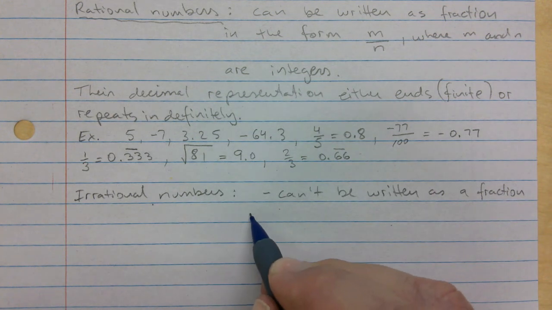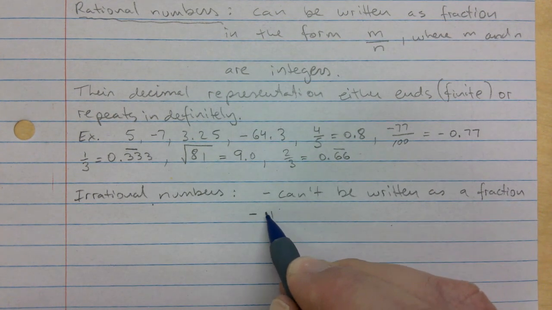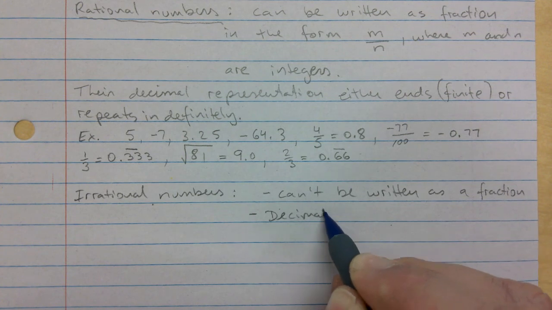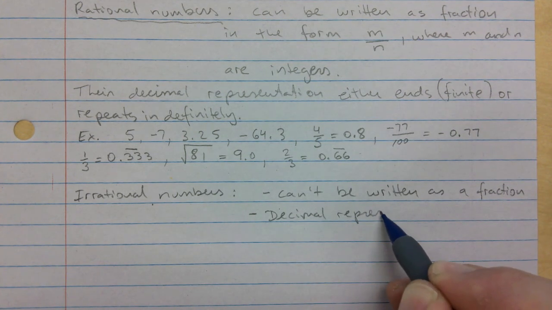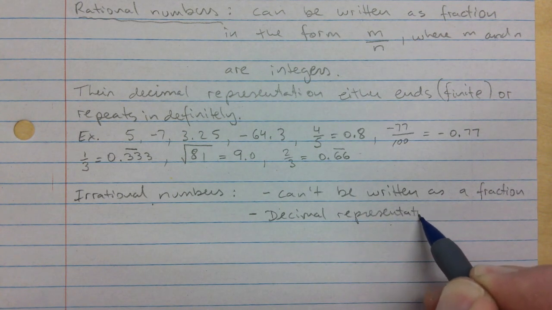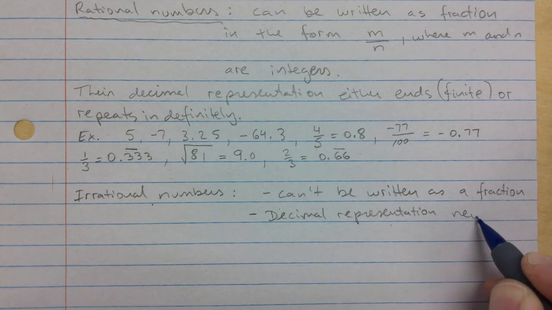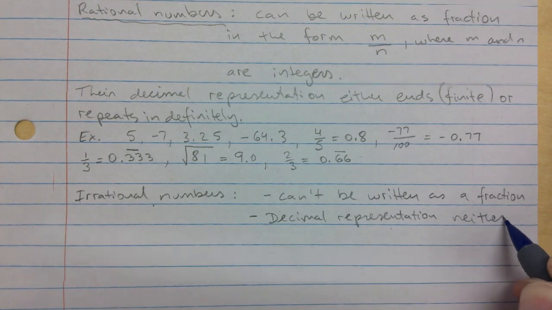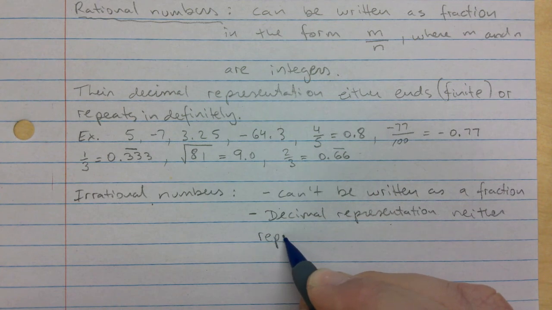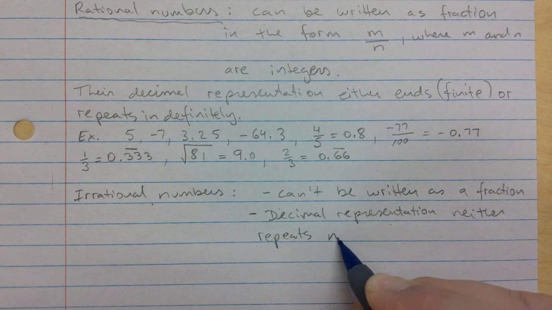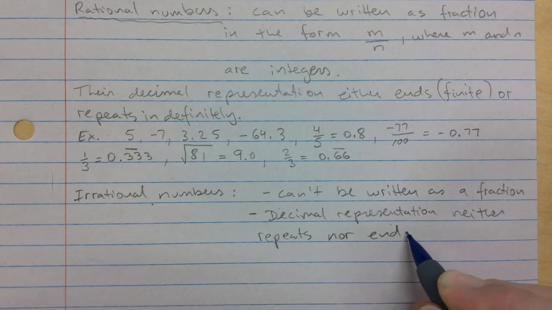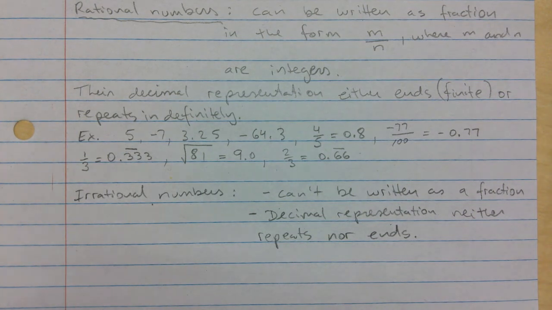And another way is decimal representation: it neither repeats nor ends. So it doesn't repeat or end, and that's how you know.